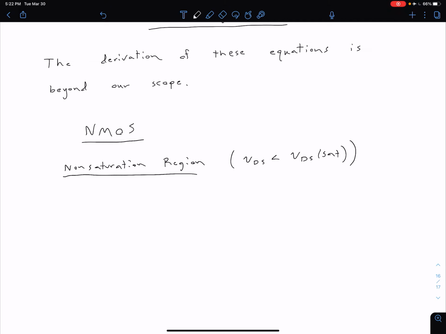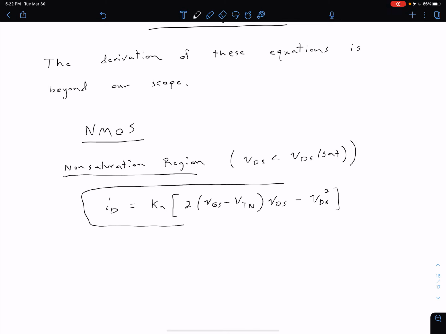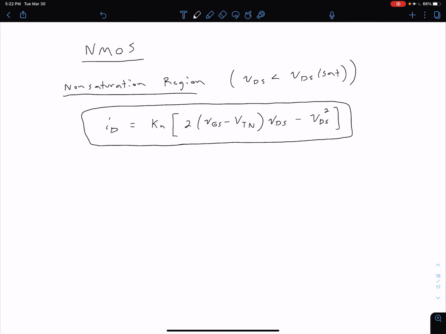In this region, our drain current, ID, is equal to Kn times 2 times the quantity of VGS minus VTN, times the drain to source voltage, VDS, minus VDS squared. So let's close our brackets. All that's multiplied by K sub n, and we're going to come back and define that K sub n in a minute. So that's for our non-saturation region.